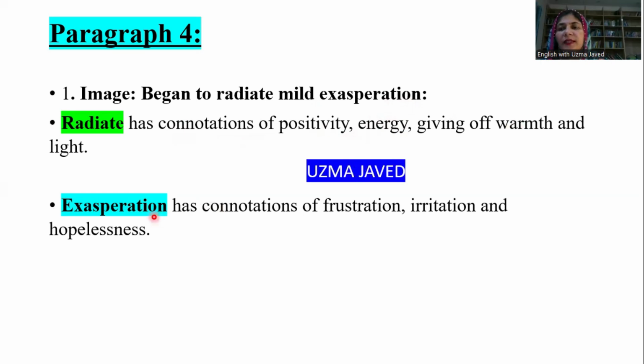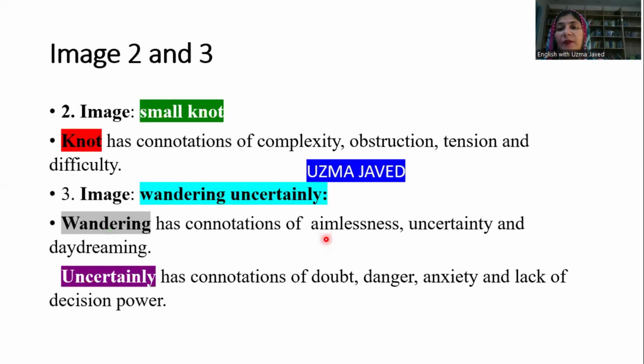And the next word is exasperation, which has connotations of frustration, irritation, and even hopelessness. So all the connotations are related to worry and tension. This vocabulary can be very beneficial for you in the whole of your understanding of text C.